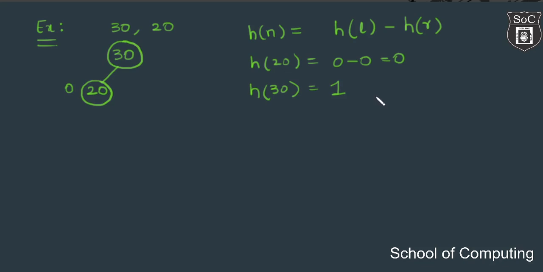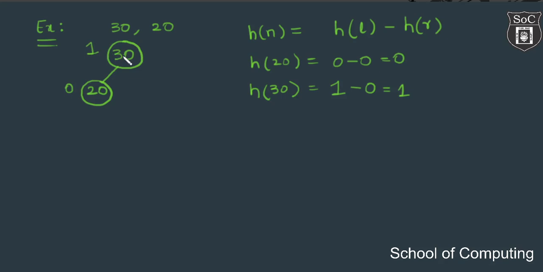So the current node is 30. From 30 to the leaf node, there is only one edge. So height on the left hand side is 1 minus height on the right hand side of 30. Do I find any right subtree? I don't have a right subtree. So 1 minus 0, height at 30, which is the root node, is 1.